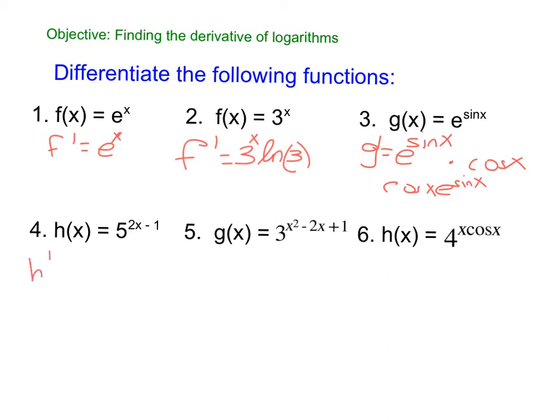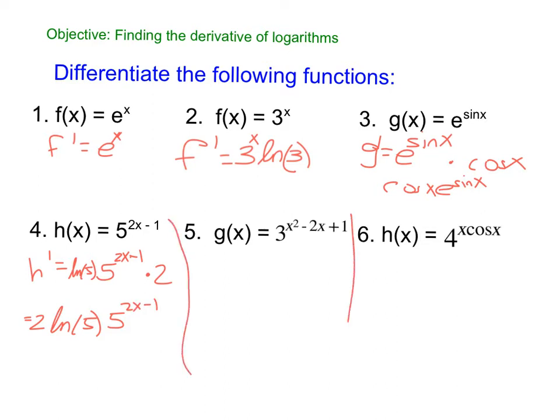Again, whenever you have an exponential, we're going to rewrite it. For 5 to the 2x minus 1, ln of the base, so ln of 5, and then also times the derivative of the exponent, 2. So maybe a nicer answer would be 2 ln of 5, 5 to the 2x minus 1. Running out of space here.